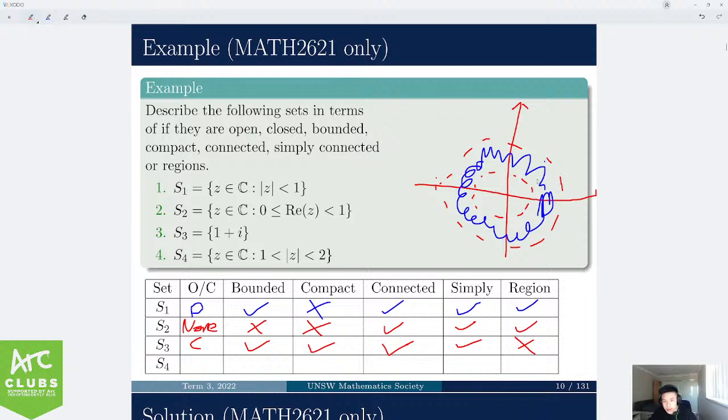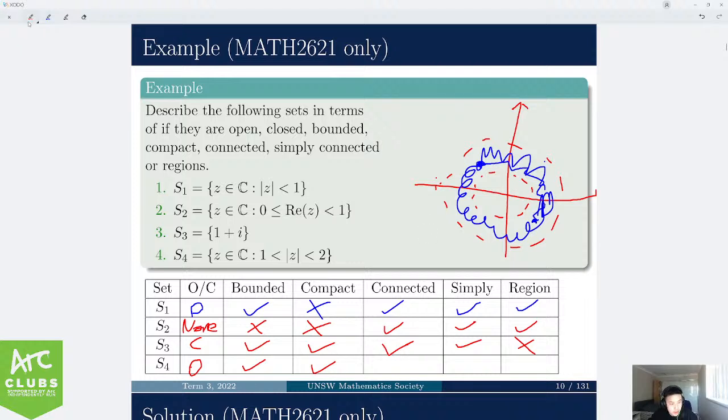So firstly, this set is going to be open because every point is an interior point. So open. This is going to be bounded because we can fit it inside another larger circle. But it's not going to be compact because it's not closed. This is going to be connected because any 2 points, point 1, point 2, we can join up by a polygonal path.